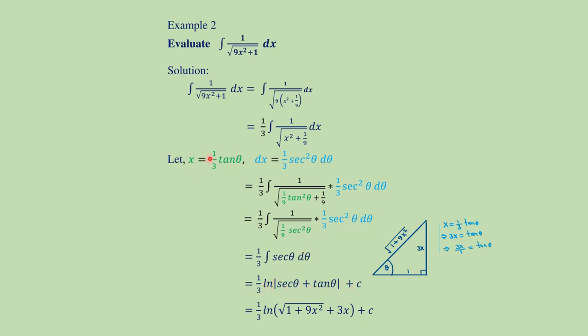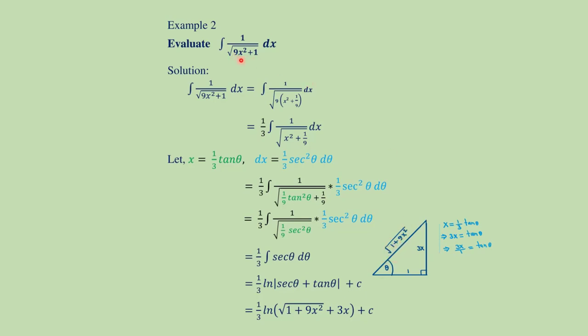Now x equals to 1 over 3 tan theta. So 3x becomes tan theta. Now if you draw a right angle triangle, then tan theta means opposite over adjacent. So opposite is 3x and adjacent is 1. Now if you use Pythagorean theorem, then you will get the hypotenuse as square root of 1 plus 9x square.